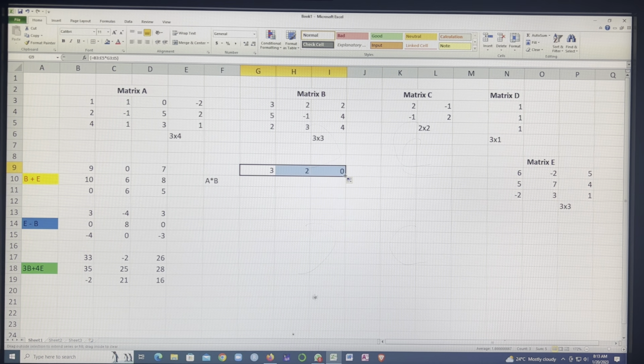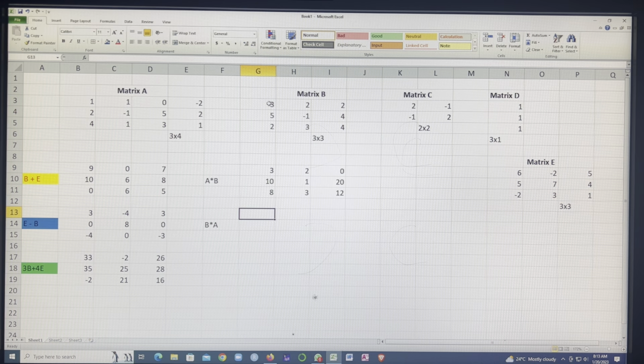I continue. Okay, I come back. So now, you know what it has done? Okay, let's leave this one and come down here and see something. Let me show you something. Matrix B times matrix A. So we have B times A, right?